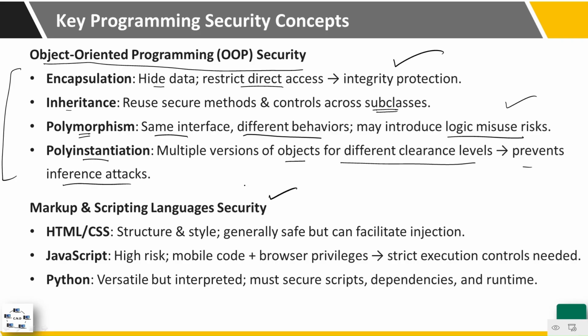Next, we have markup and scripting languages security, and these include HTML and CSS, which provide structure and style and are generally safe but can facilitate injection. Then we have JavaScript, which is high risk because it includes mobile code and runs with browser privileges, since it is executed inside the browser.